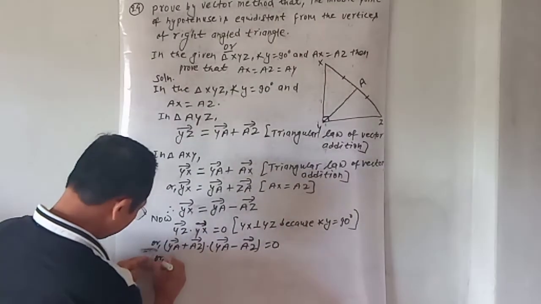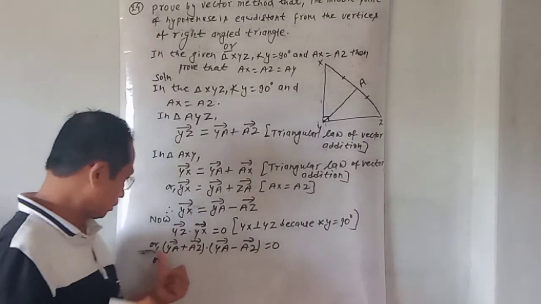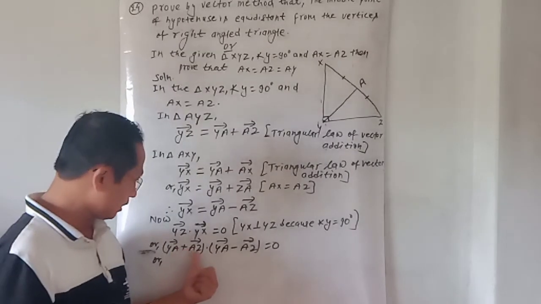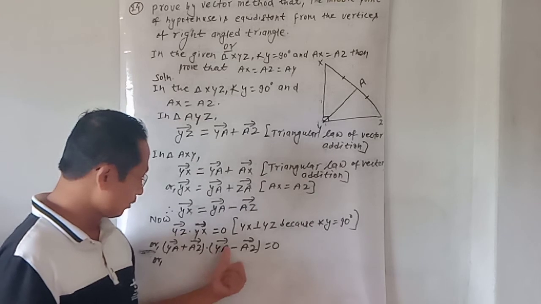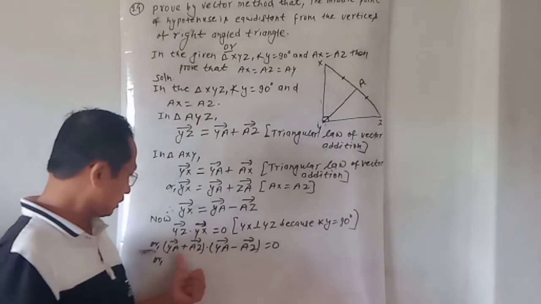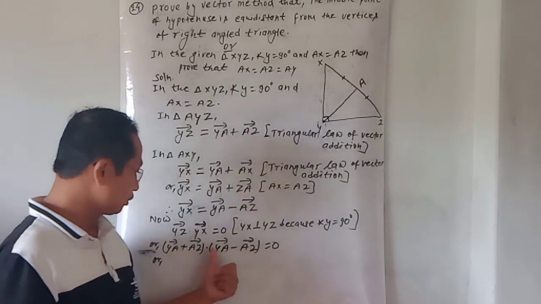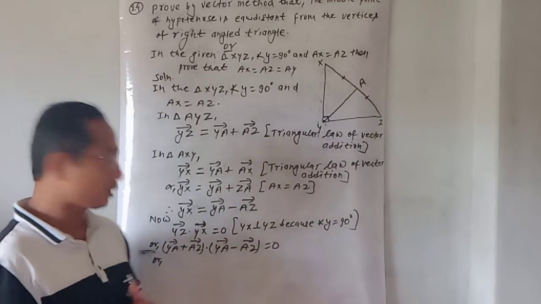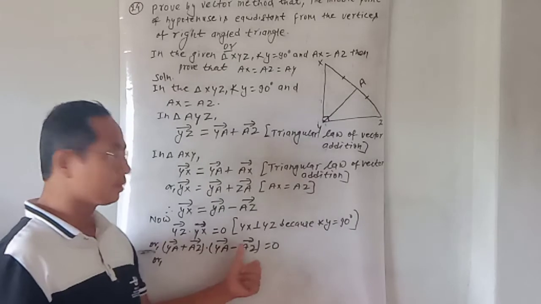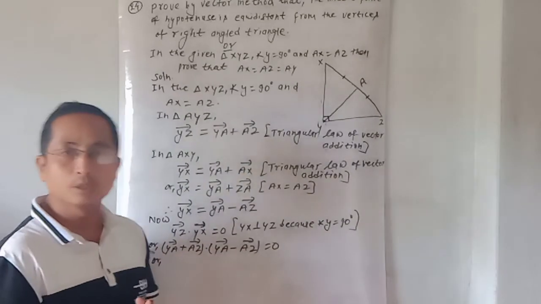Look at here, vector YA plus AZ into vector YA minus AZ is in the form of a plus b into a minus b. That's why a plus b into a minus b means a square minus b square.